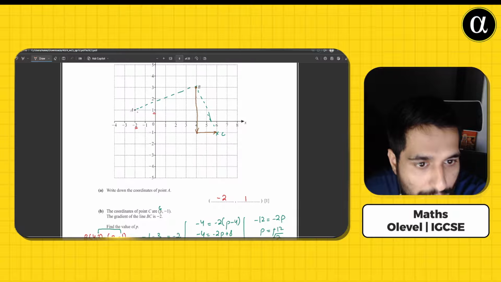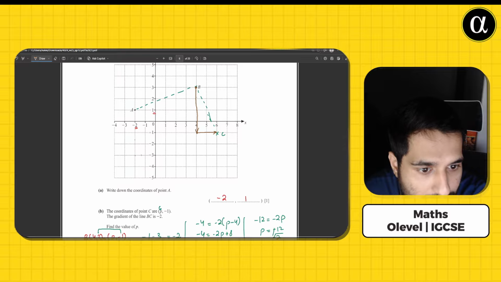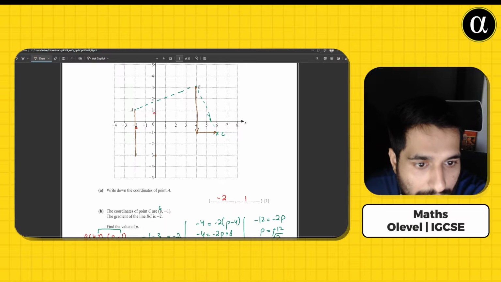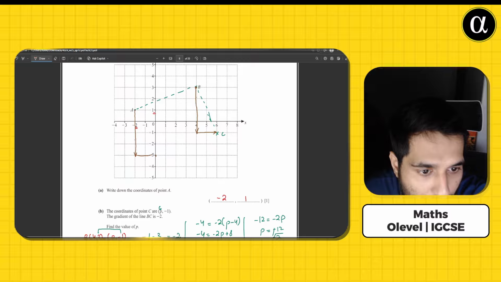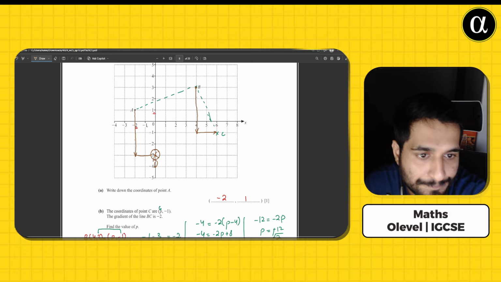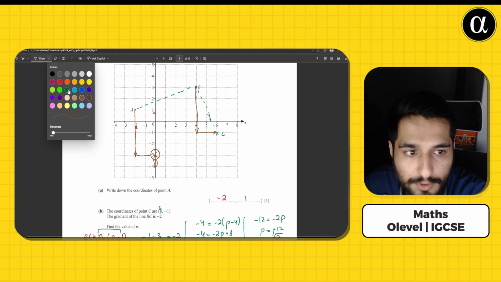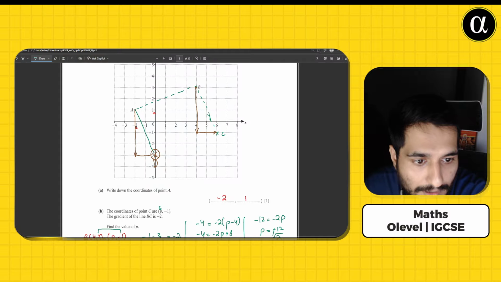So that's what we are going to do over here. This is going to be my point D, which is going to be 0 and minus 3. And if you want to draw the parallelogram, this is how your parallelogram may look.